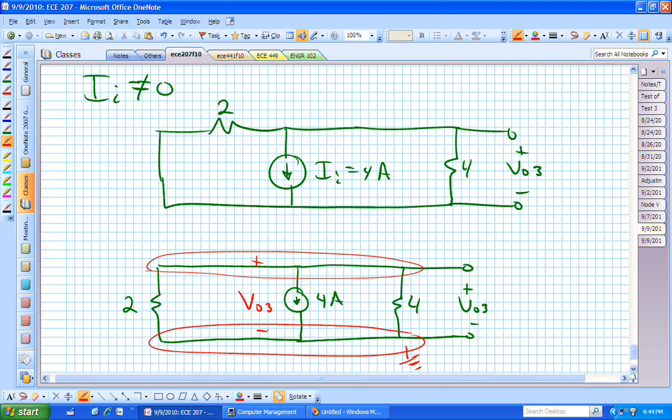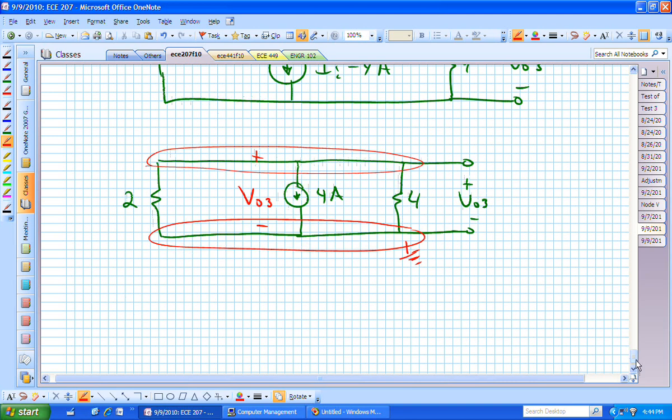Is it possible now to write an equation in terms of V sub 0, 3? I can now write KCL. I now have this current, I have this current, and I have this current. What is the current on your left?